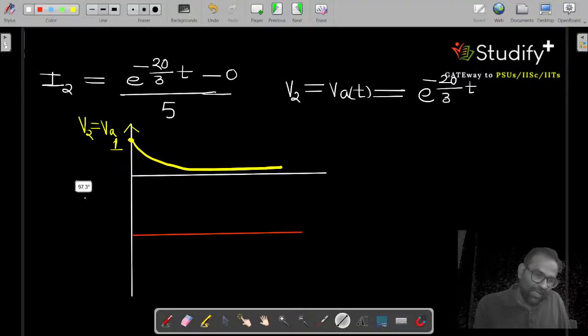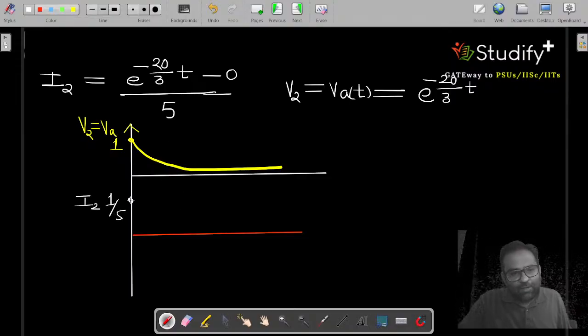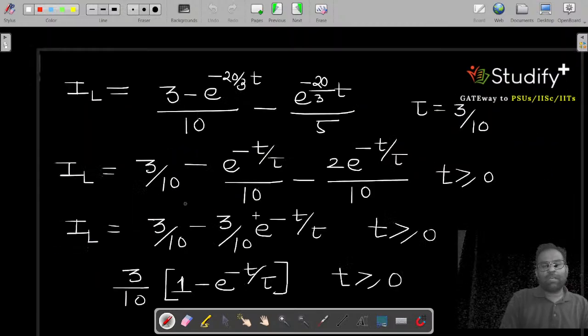This current is I2, and when we put t equal to 0, this current is what? This current is 1 by 5 ampere. And as you increase the value of time, the current will go to 0 ampere. This is the total analysis of the circuit.